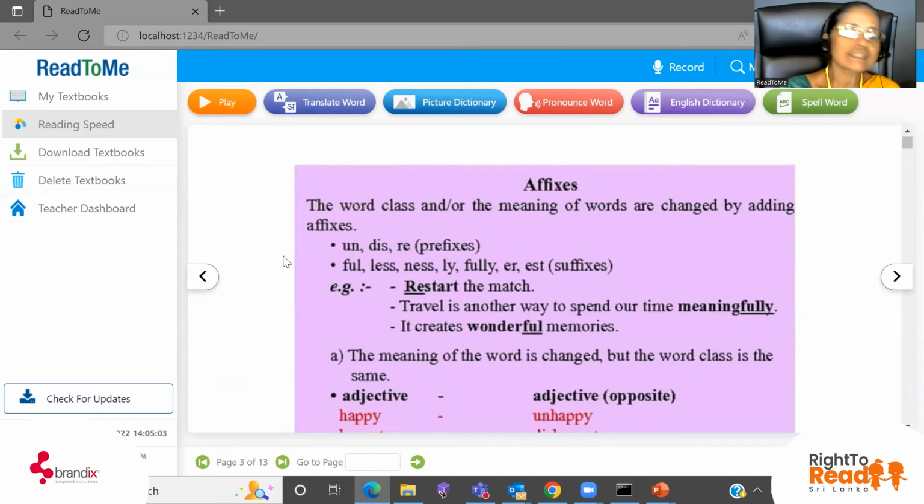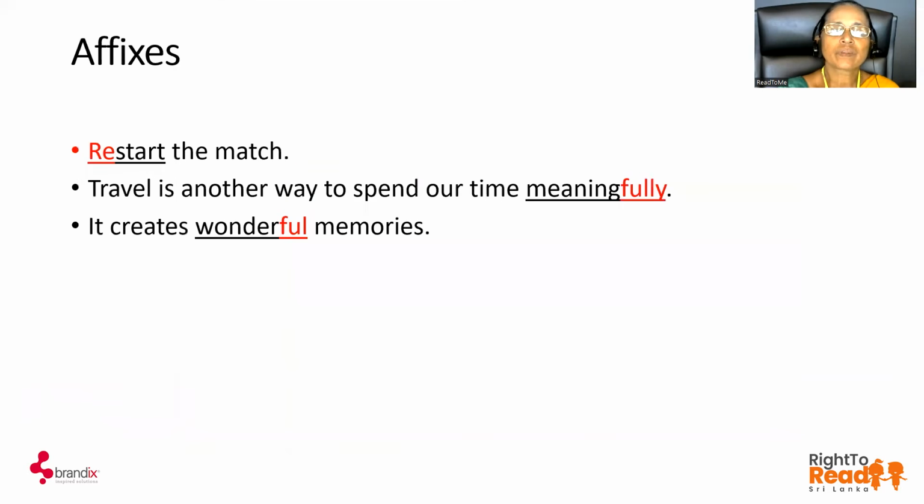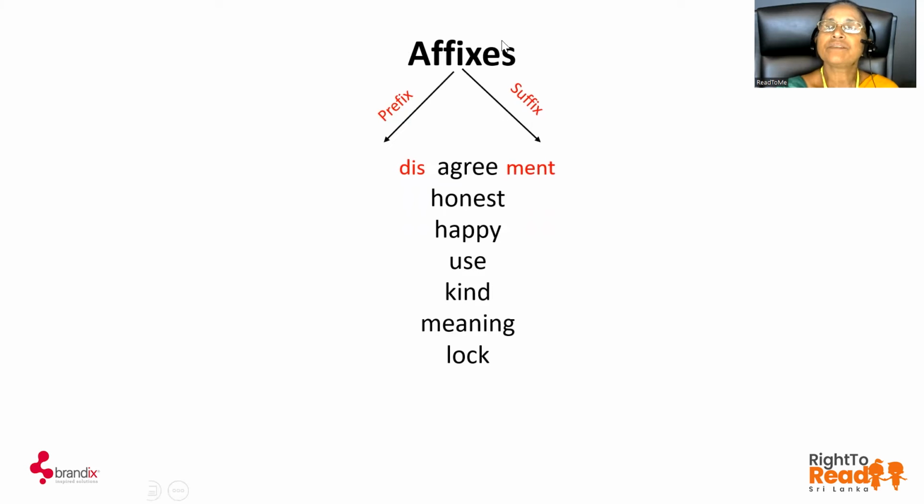Then, what are the words that we can add beforehand? We'll see the slide once again. Look at this word, disagreement. Here, we can add three letters before the word agree. Do you agree? When I say this lesson is very easy, will you agree? Is anyone disagreeing with me? No, you can't disagree.